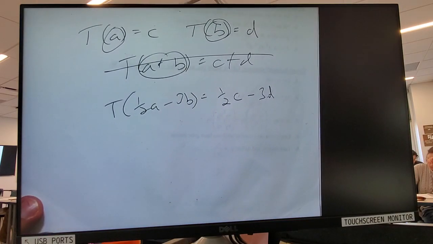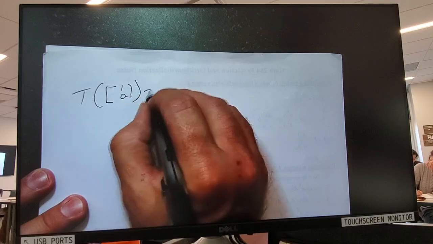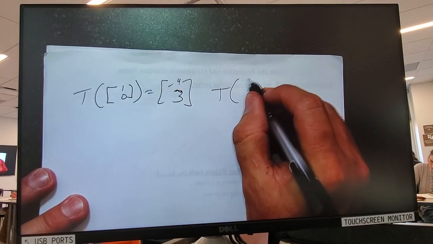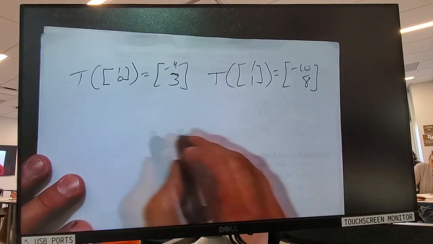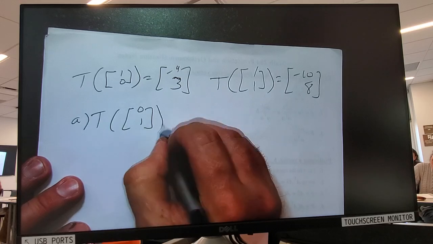Okay. So let's look at the actual problem I was given. I was given this information. T applied to (1, 0) takes that to (-4, 3). And T applied to (1, 1) takes that to (-10, 8). And then I said, what is T of (0, 1), I believe? Yes.